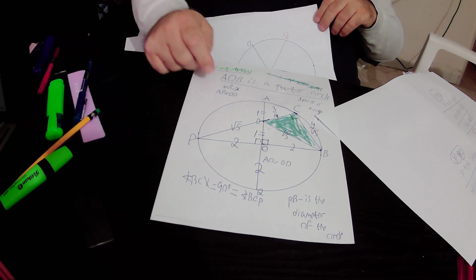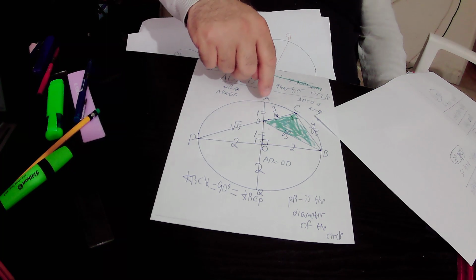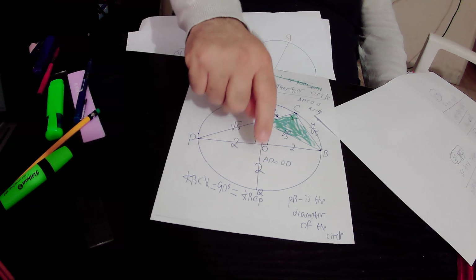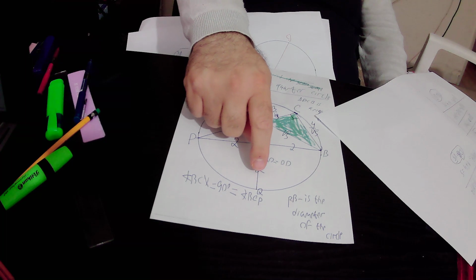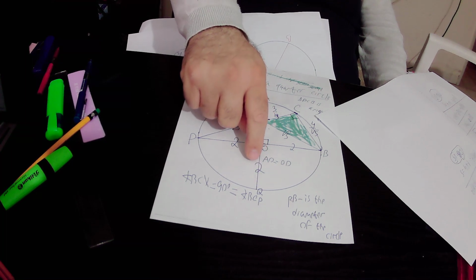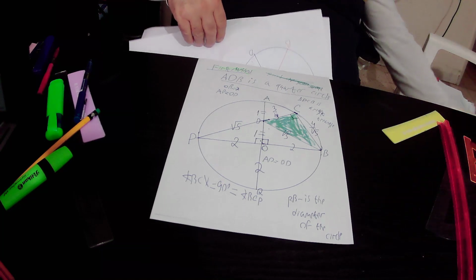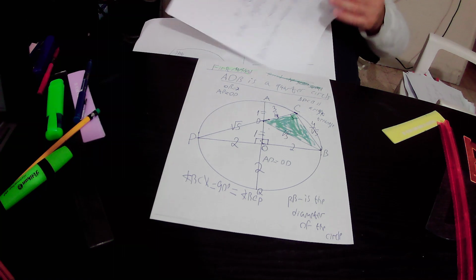And then we extended side AO by a straight line until it touches the circle at point Q. O is the center of the circle, Q is a point of the circle itself, therefore OQ is the radius of the circle, that is equal to 2 units. Then we implemented rule number 1.